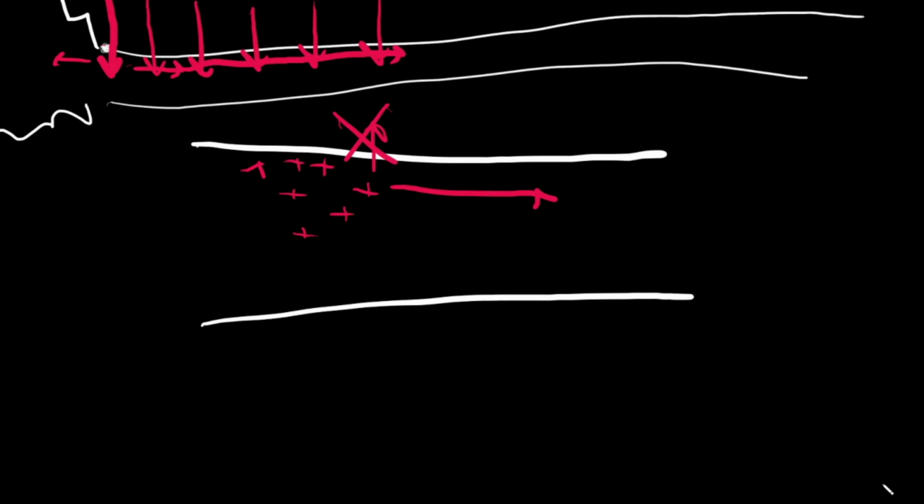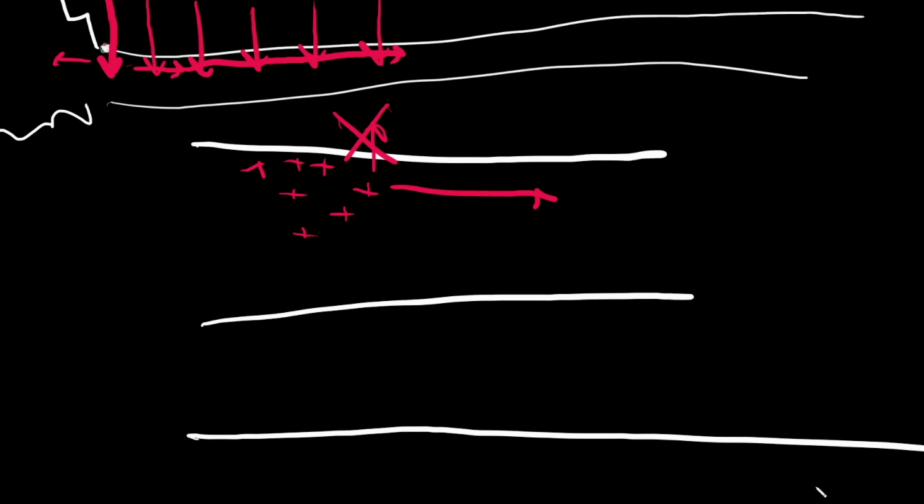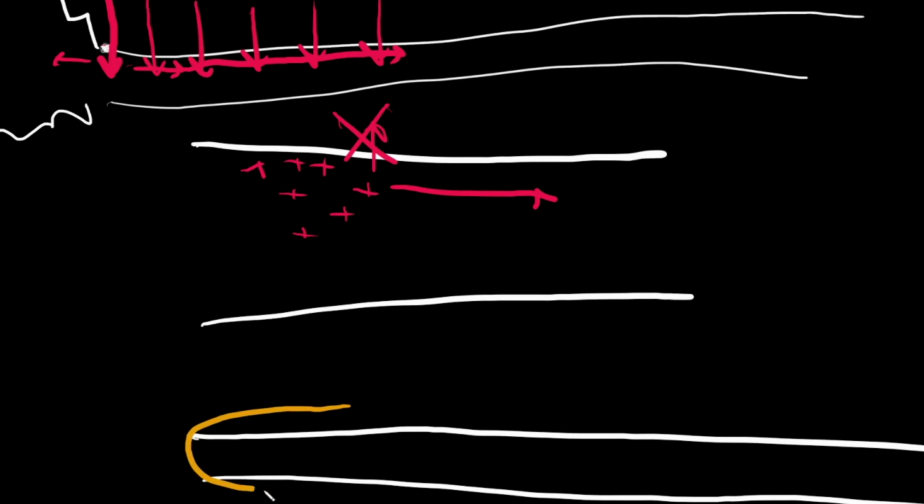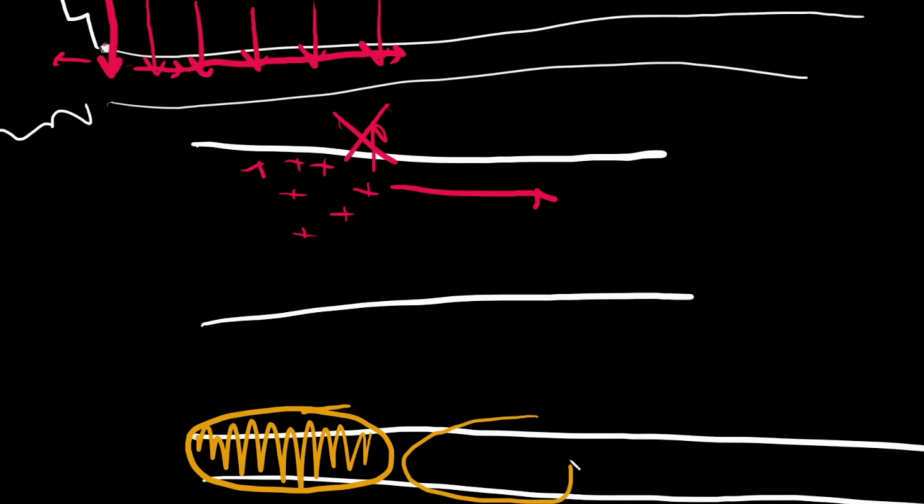If we have a thinner axon, you can put these capsules of myelin around the axon.